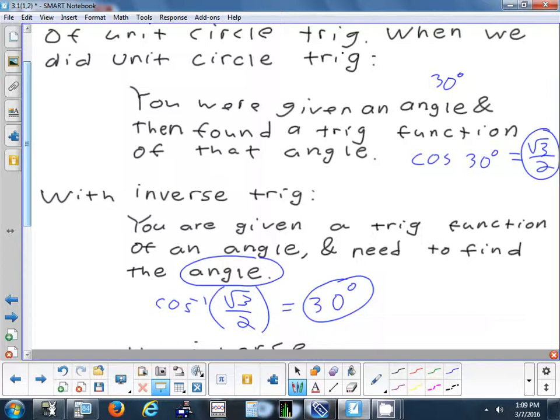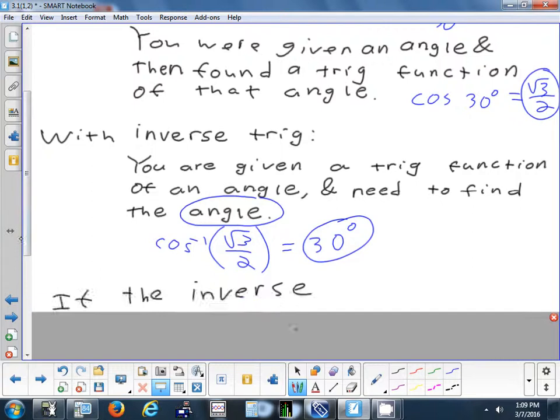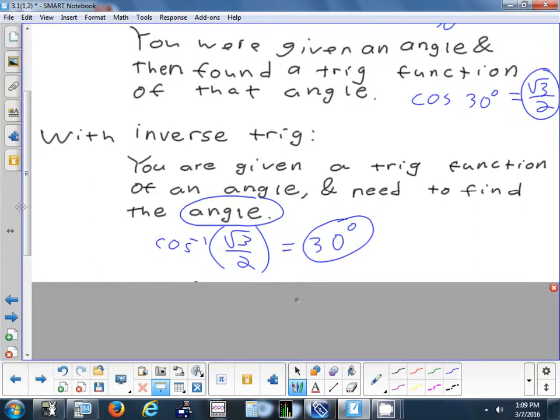And that's the answer that I'm looking for this week. Okay, so they're exactly the opposite question. Okay, any questions about how what I'm asking this week is different from last week? Okay, with inverse trig, you are always giving me an angle. So your answers have 2 different units they could be, degrees or radians.